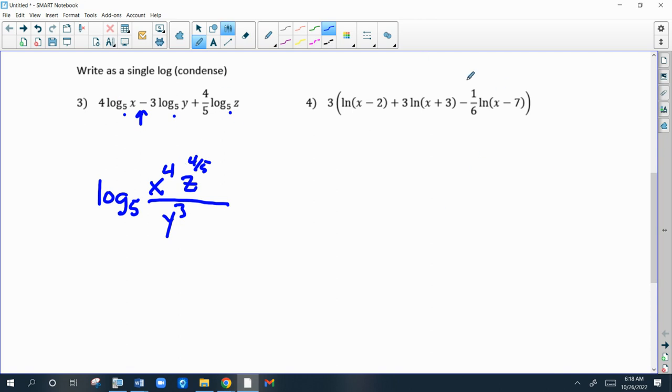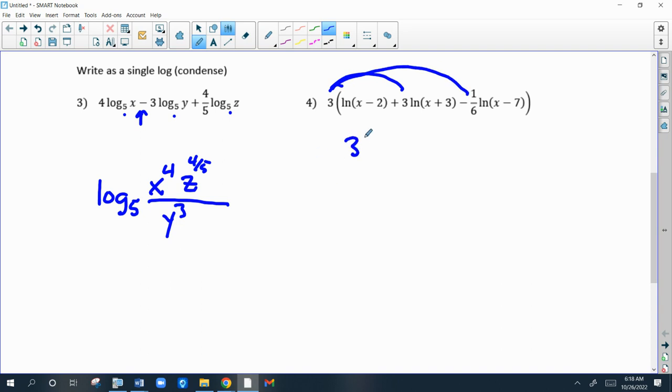So finally, this one. This one is a bit trickier, but not really. You could just do, it's 3 times this whole quantity. You can just condense this entire inside part and then deal with the 3 later. But usually in this situation, it's much quicker just to distribute that 3.